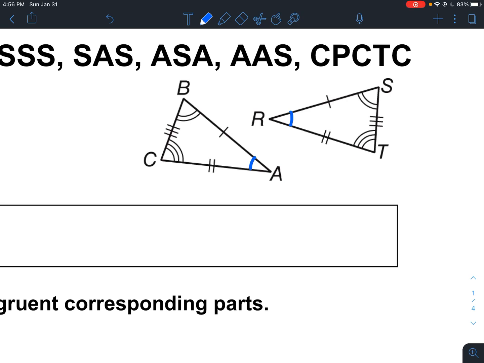So these two parts are congruent, and you can see that in this figure they denote that by drawing a small curve or line to signal that these are corresponding and congruent.